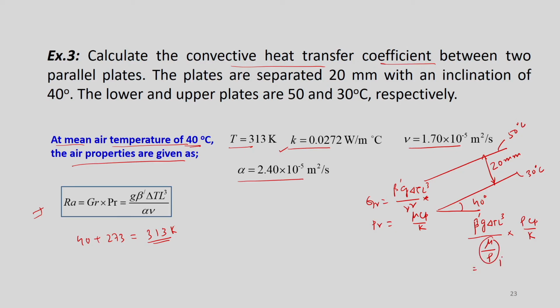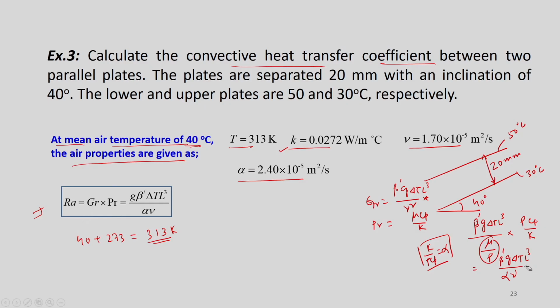So, we get beta g delta T L cube by nu, and then rho Cp by k, which is k by rho Cp, is the thermal diffusivity. This will come at this place.